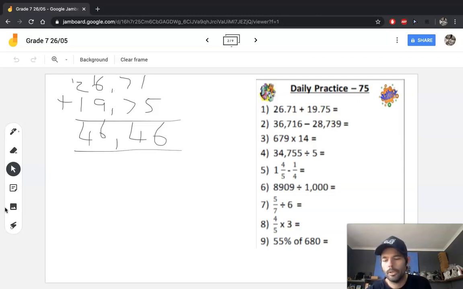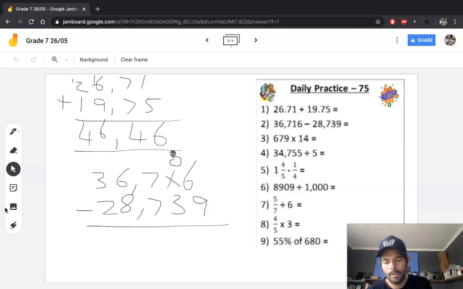Question 2 is subtraction, so 36,716 subtract 28,739, and remember we said the important part was to put the correct numbers into the correct columns, and then this question, the important part is also the borrowing of numbers, so we need to make sure that we do that correctly, comma in the same place.